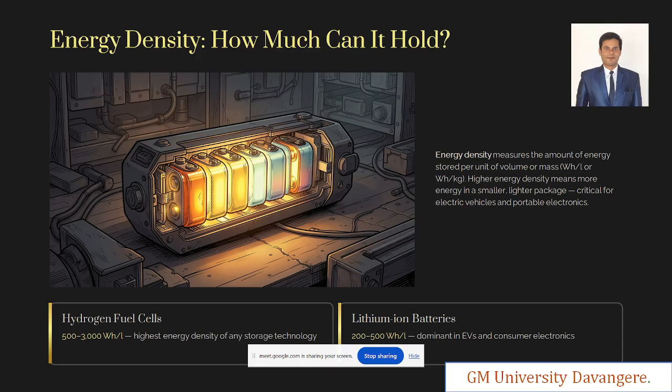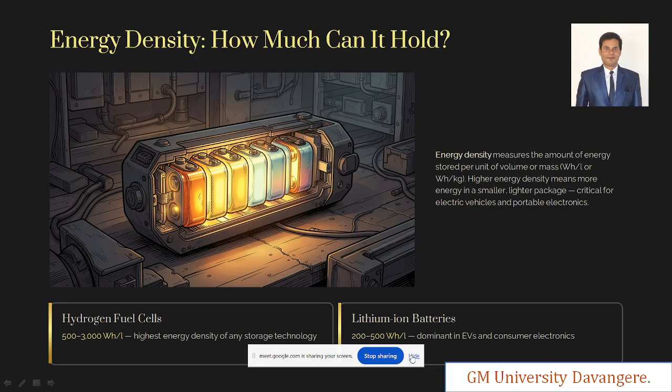Higher energy density means more energy in smaller or lighter packages. We'll see how energy density matters in batteries, right? We have taken the example of lithium batteries, and also hydrogen fuel cells, where the range given is 500 to 3000, and here also 200 to 5000 watt hours, right?